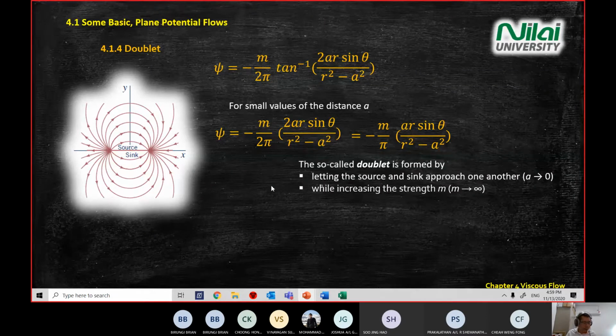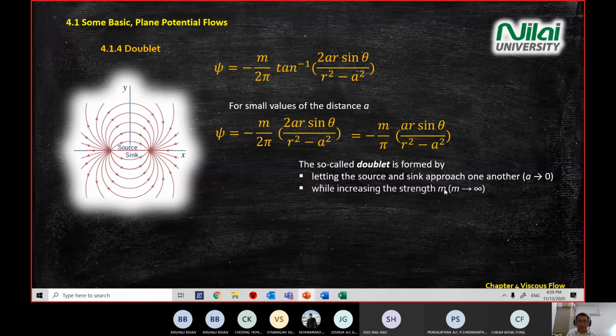These are the characteristics that define a doublet. So how can this doublet be formed? Number one, you have the source and sink close to each other.